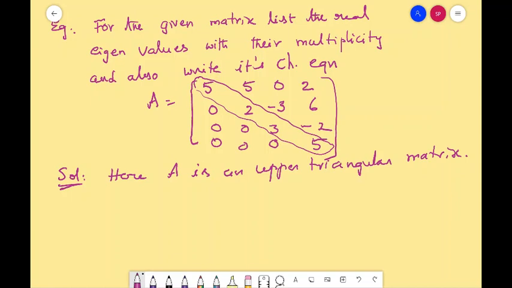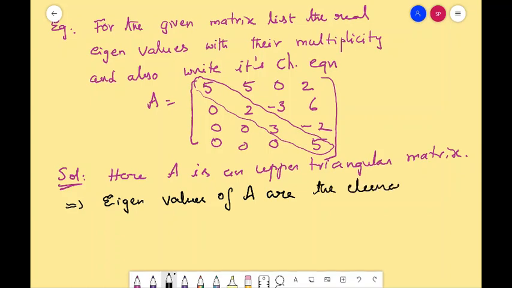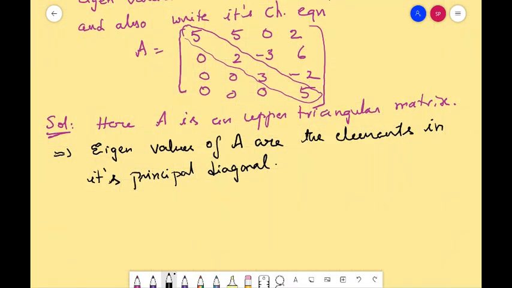Here, since it is an upper triangular matrix, this implies eigenvalues of A are the elements in its principal diagonal. What are the principal diagonal elements?